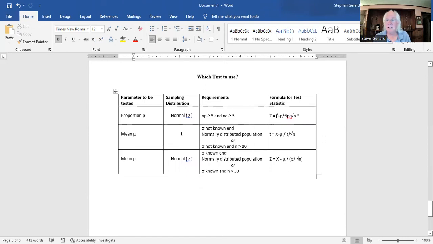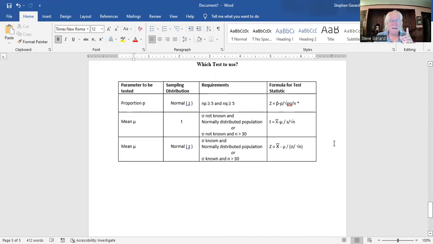One is the normal Z test, that thing we saw the week before last, the standard normal curve. For a proportion, you use Z, and you get the difference between the sample and assumed proportion divided by the square root of PQ over n. Well, I'm going to show you an easy way to do this. But let me talk about the mean.